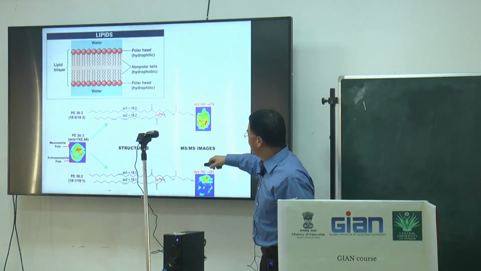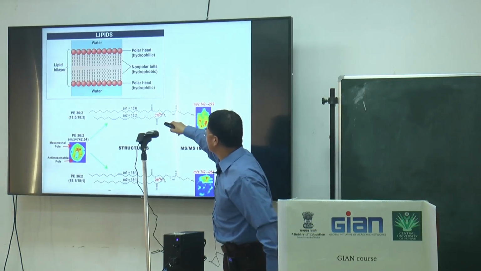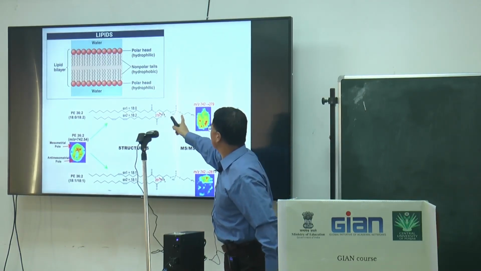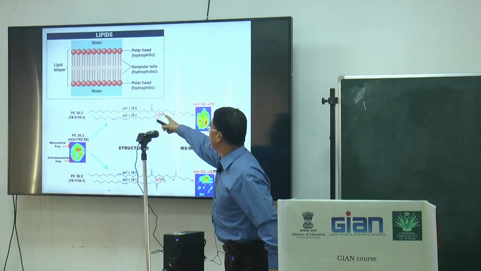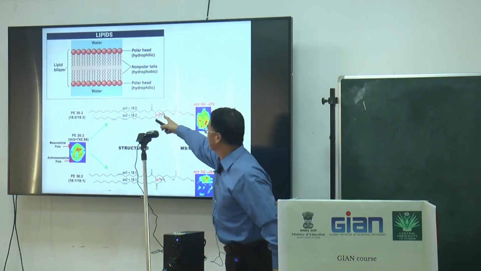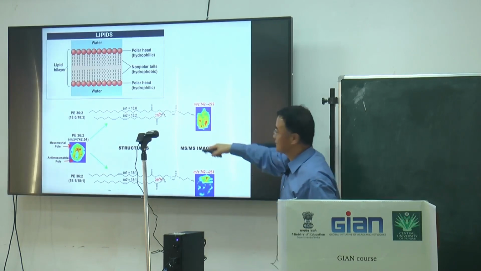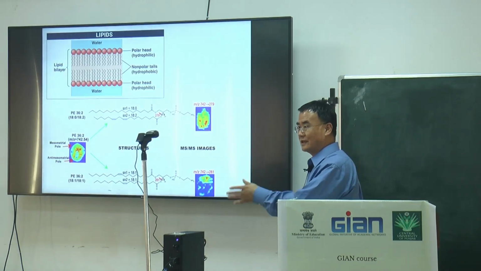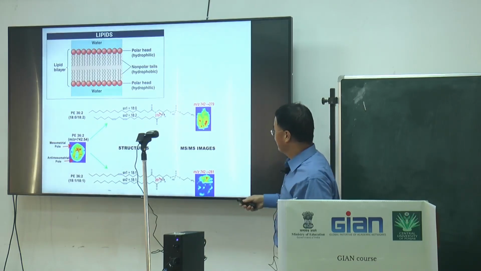So the mass can break at this side, and also here. Removing this gives PE and ethanolamine. You can go from both sides, so that can generate different sizes of the molecule.